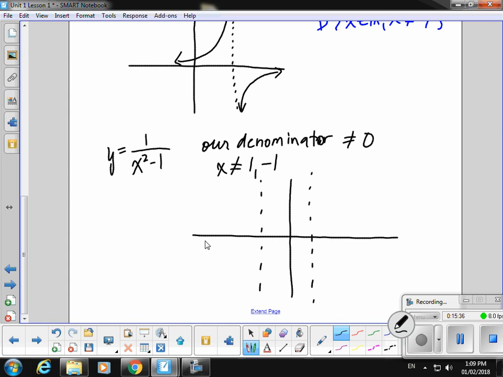It is going to approach a horizontal asymptote on both sides. But anyways, our domain would be, thinking about asymptotes, x is a real number, however, x cannot be 1 or negative 1. Sneak an x in there. Fantastic.